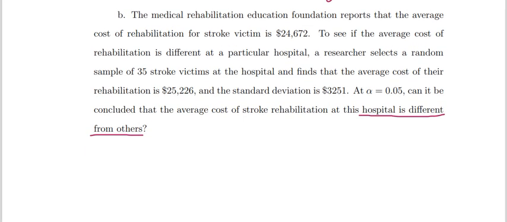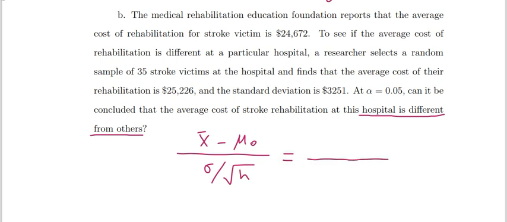So for x bar, we say the z value or t value is x bar minus mu 0 over sigma over root n. So we put it in here. Okay. So x bar, let's say, from this hospital the average cost is this. So this is x bar, right? Maybe you have to determine x bar first.